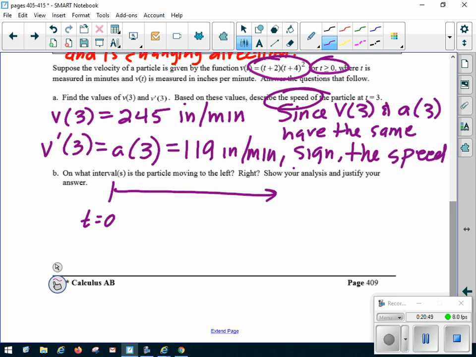This is the only place I'm going to look, and I only have one piece because I don't have any critical numbers on that piece. So what this tells me is that the particle would be moving either to the left all the time or to the right all the time. Because I don't have any critical numbers. So it doesn't change. Because my critical numbers are -2 and -4, which are not on that interval.